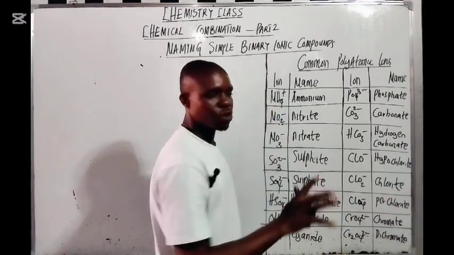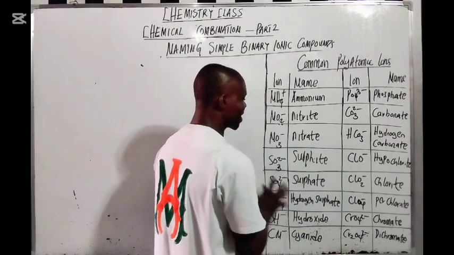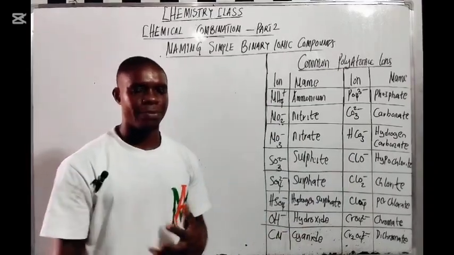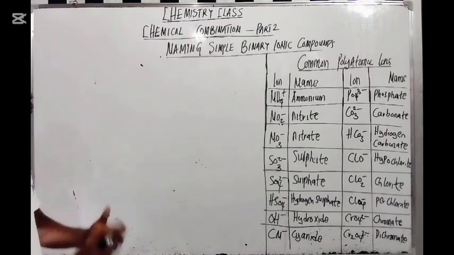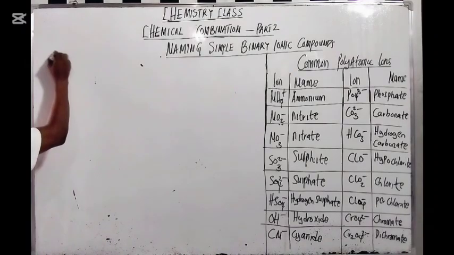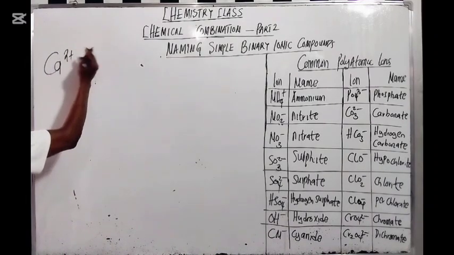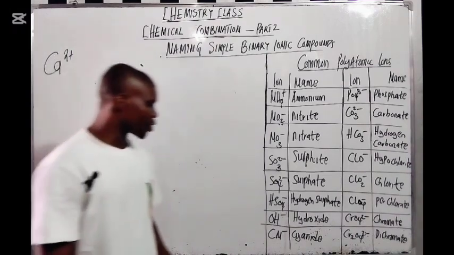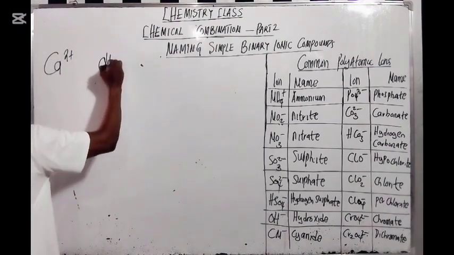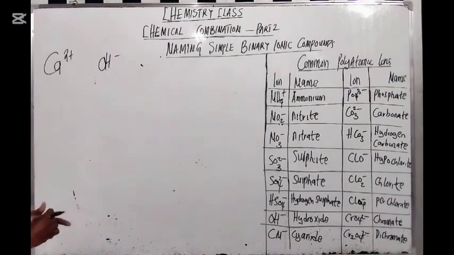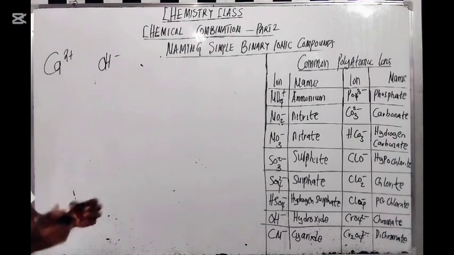So what I want you to do here is copy this outside your note, because you are going to use them when you are writing polyatomic ions. Now let me give you some examples. For example, you have Ca2+ combining with OH-. How do you write the ionic compound here? It's very easy.